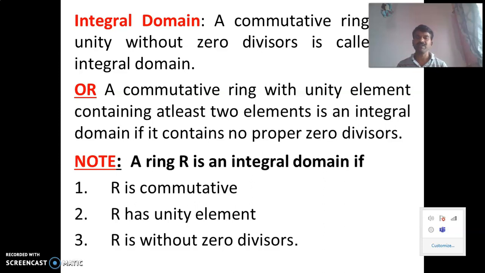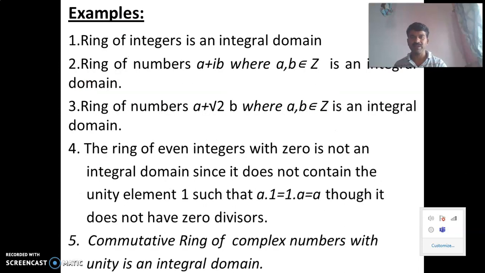That means a ring R is said to be an integral domain if R is commutative, R has a unity element, and R is also without zero divisors. Then only we can say that it is an integral domain.